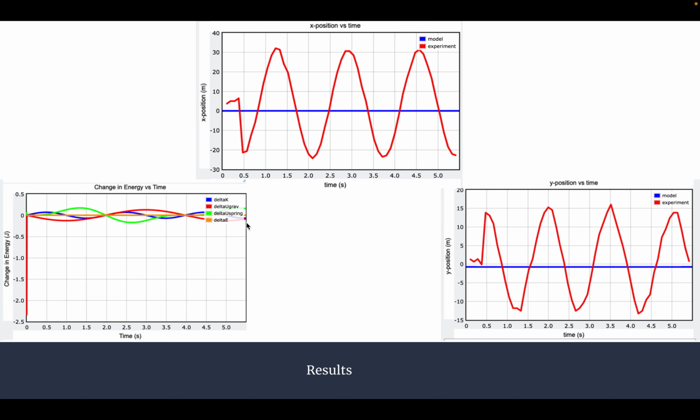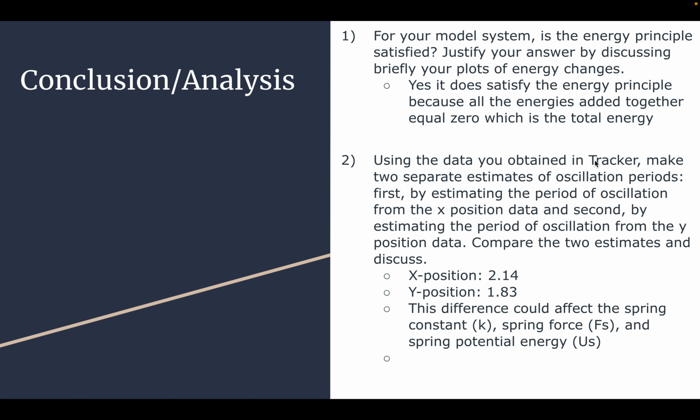So delta E can be calculated by adding up all of these other energies, and so it does satisfy the energy principle because all of those added together equals 0.